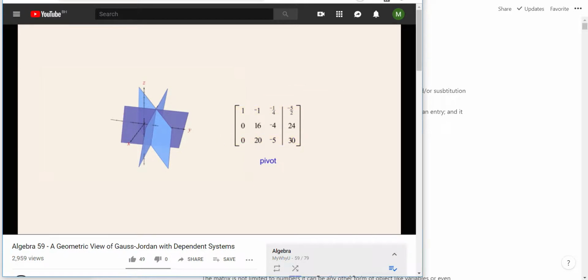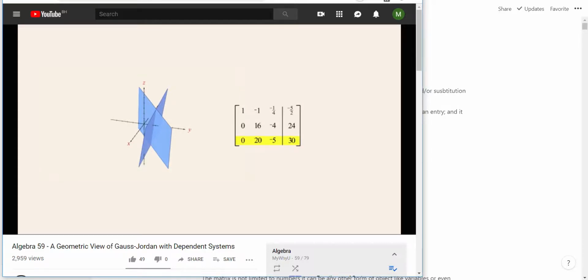Since this pivot operation adds a multiple of row 1 to row 3, it causes plane 3 to rotate around its line of intersection with plane 1. And since the x-coefficient in row 3 has changed to 0, like plane 2, plane 3 has also become parallel to the x-axis.